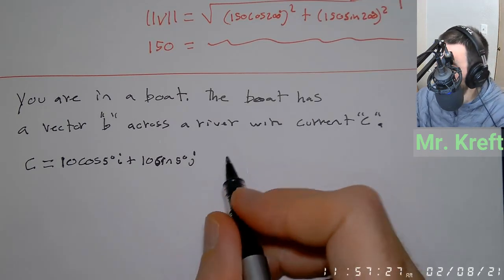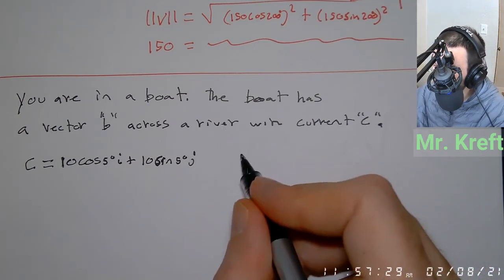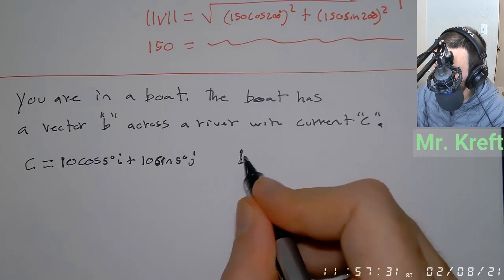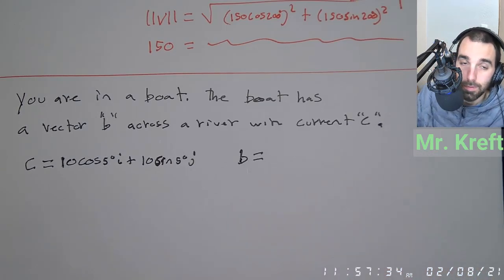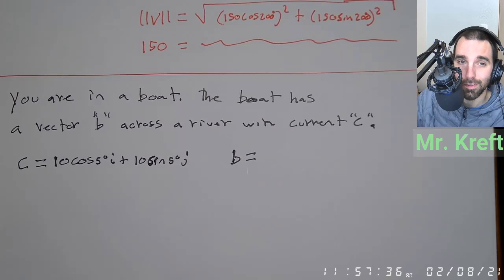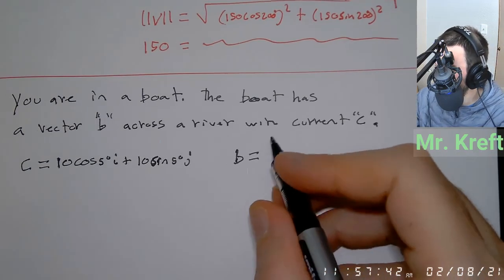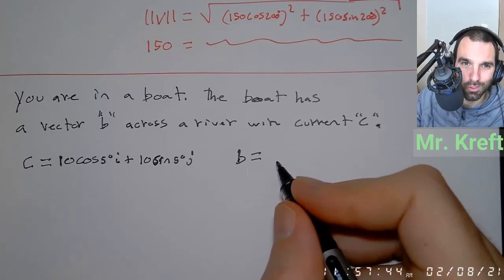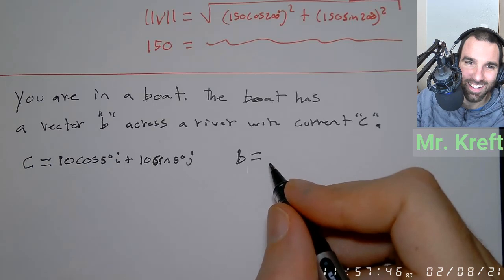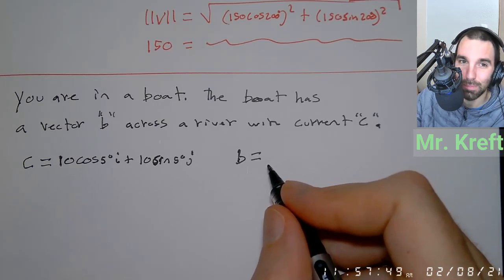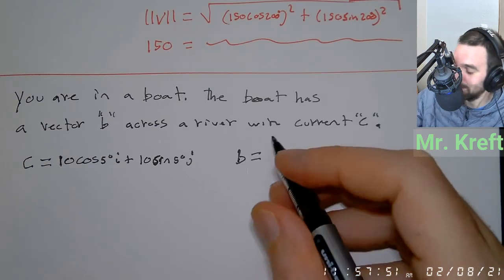Okay. And then let's say the boat is a vector, and I'm making this up, you guys can tell. Let's just say it's going, how fast do boats go? I was in a boat when I was a little kid, but I haven't been in a boat so long. 35, okay.